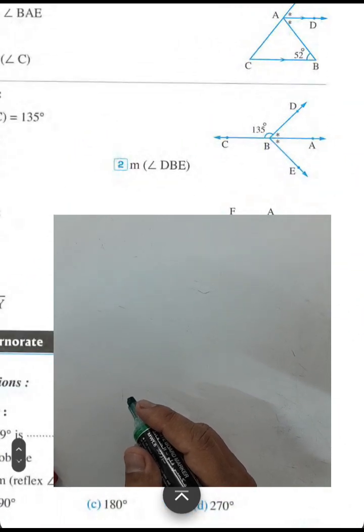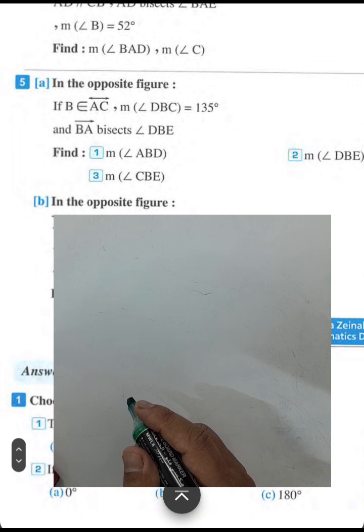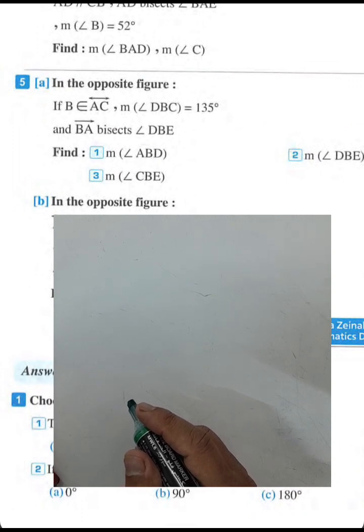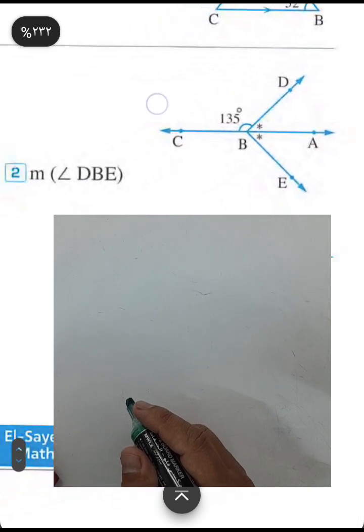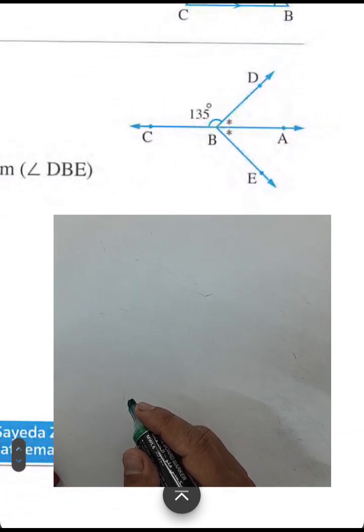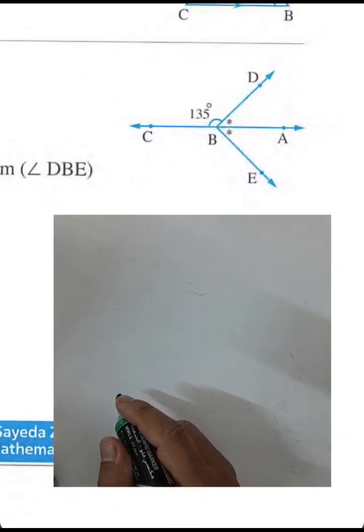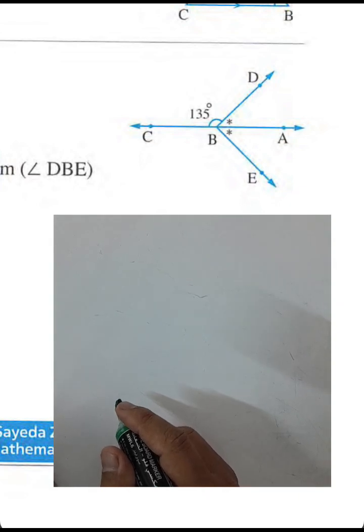We have this figure. We want to find the measure of angle ABD and CBE. We have a lot of angles accumulated at the one point P. We want to find the measure of angle CPE, and we want to find APE.